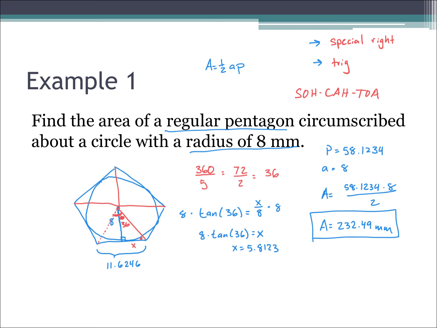You could be given the apothem, you could be given the radius of the polygon, you could be given a side length, you could be given the perimeter, and now you have to work backwards. I could give you a piece of information that has nothing to do with the pieces you need, and you have to solve for what you do need. So when you're doing these problems, always maintain a certain level of flexibility and keep some prior knowledge in the back of your mind, because you never know what you may need in order to get what you actually need.